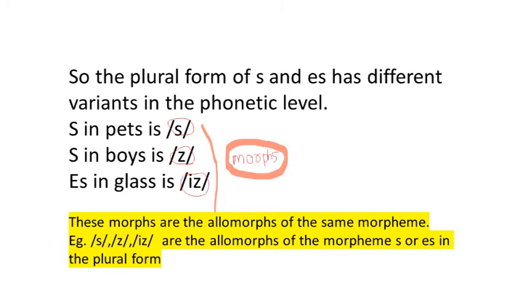All right. So S, Z and Iz are three allomorphs of a single morpheme, the plural morpheme S and ES.